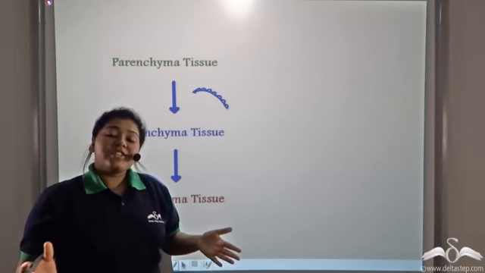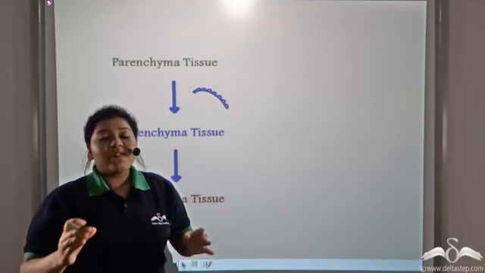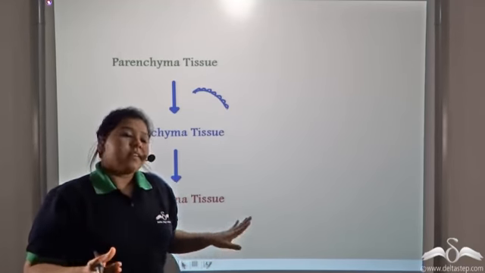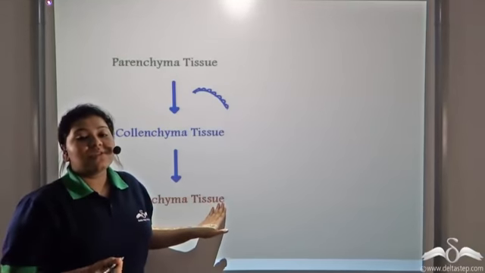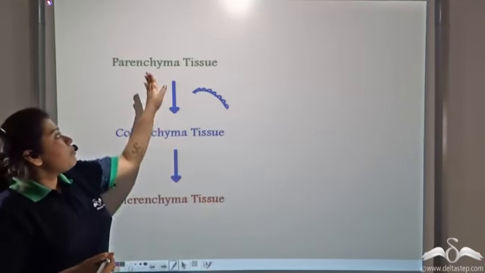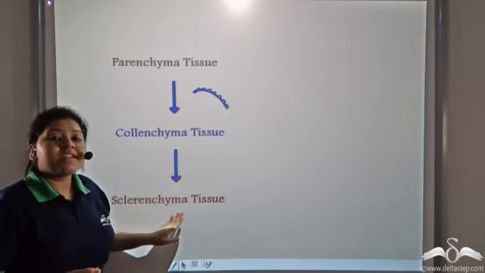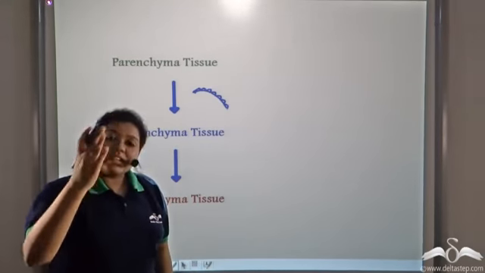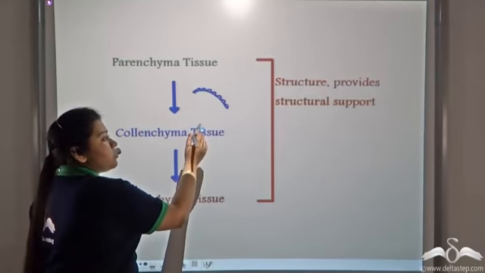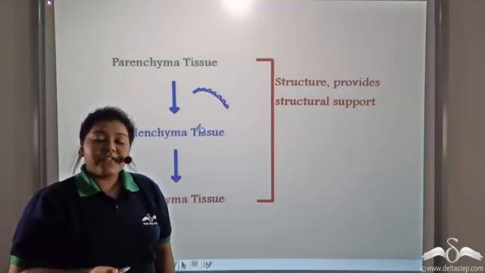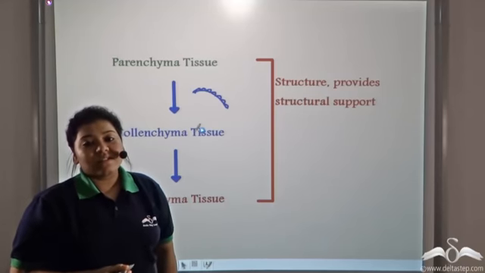They have additional depositions on their cell wall, making the cell wall even thicker. So sclerenchyma tissue provides a lot of strength to the plant. Now the parenchyma tissue, the collenchyma tissue, and the sclerenchyma tissue form the entire plant. So all the three tissues form the structure of the plant, and therefore provide structural support to the plant.